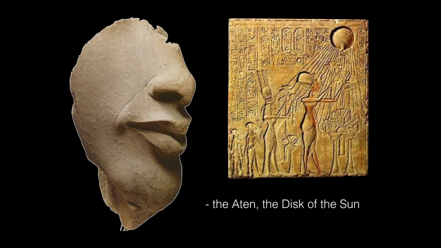So we see here a lot of depictions of the pharaoh's family and his children worshiping the sun, and we see the sun disk and little rays coming down, touching and blessing all things. This was a way of creating this idea of the singular, all-powerful deity that he directly felt he was related to. Here you can see, in a very interesting broken piece of a statue, the stylization of the lips and mouth and chin, and the flatness of the nose.